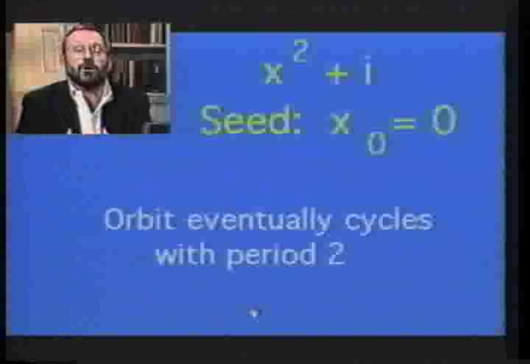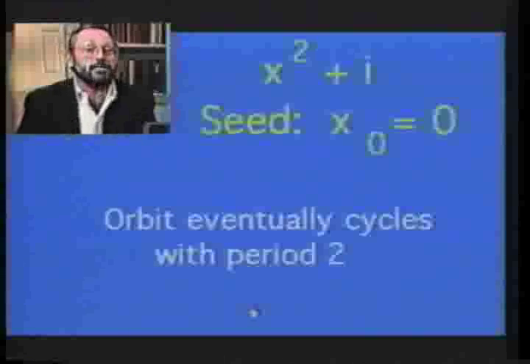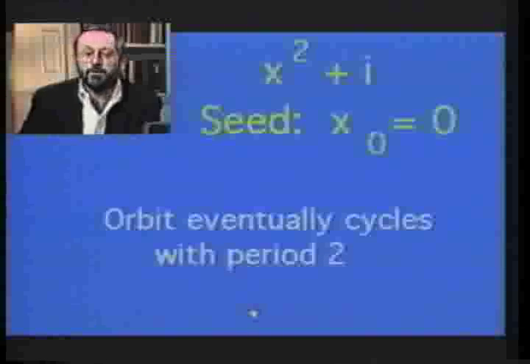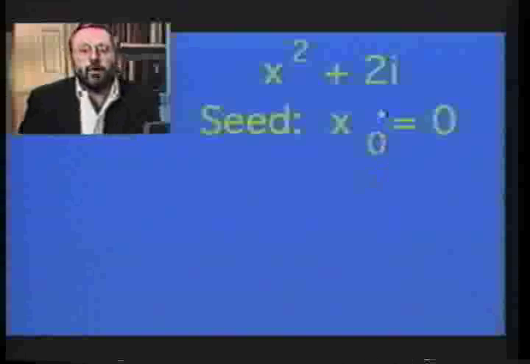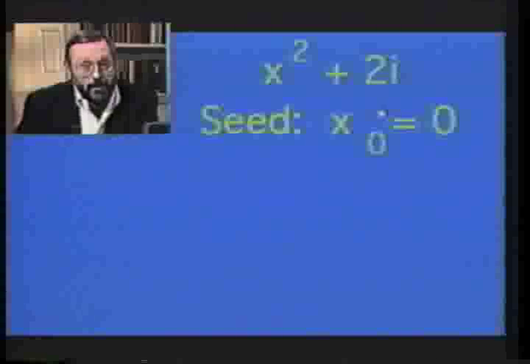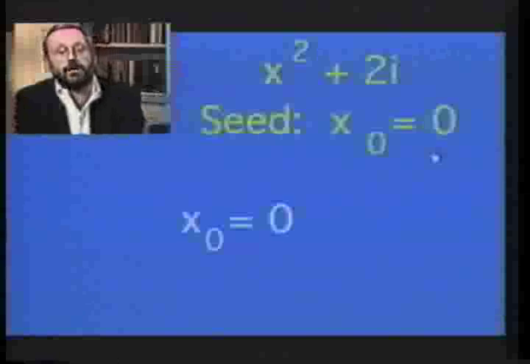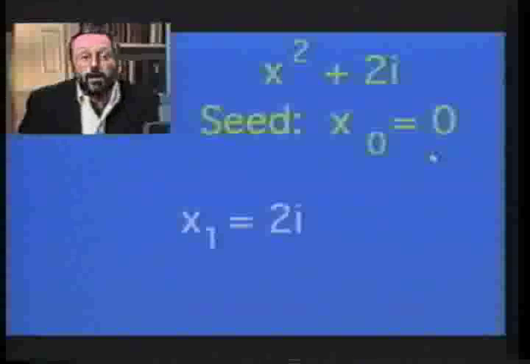So just as we saw with real iteration, complex iterations may yield cycles or chaotic behavior just as before. The orbits may also go off to infinity. Here's an example of that. Let's iterate now x squared plus 2i. Again, I'll start with the seed 0, so x naught is 0. Now 0 squared plus 2i is 2i.